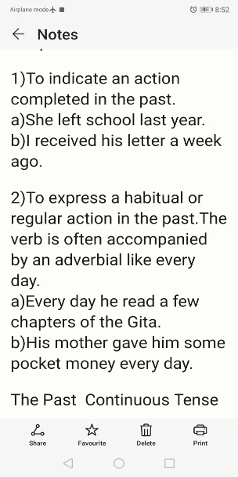He read. So every day he read a few chapters of the Gita. Reading of the chapters of the Gita was regular for him, habitual in the past. His mother gave him some pocket money every day.